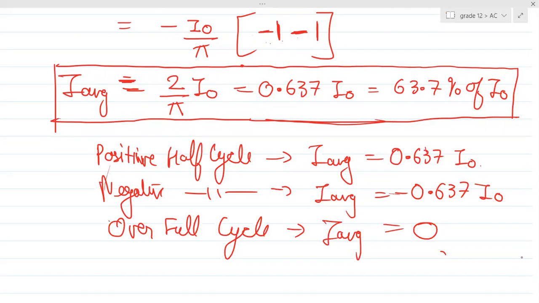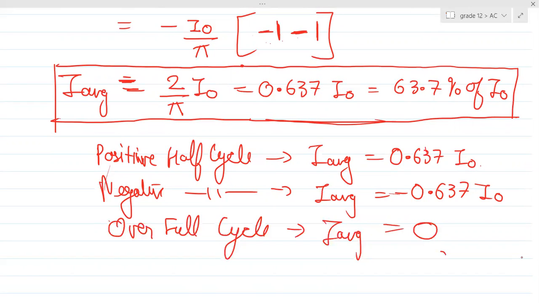Is the work done by the battery here negative, or do we add both the works? You add both the works, and the work done becomes 0 over a full cycle. If you just talk about the sign, the magnitude part doesn't become 0, because first the battery has to work in flowing the current in one direction, and then in the next negative half cycle the battery has to start working in the opposite direction.